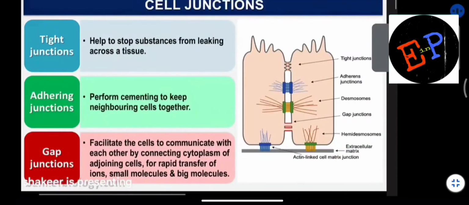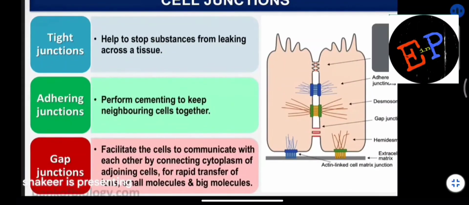What is the function of tight junctions? They help stop substances from leaking across a tissue. Many body fluids and other materials are present in cells, and tight junctions prevent the leakage of these materials from the cells and across the tissues.